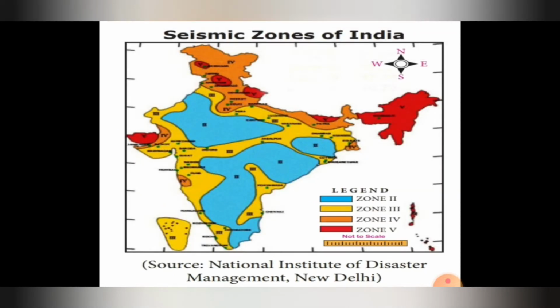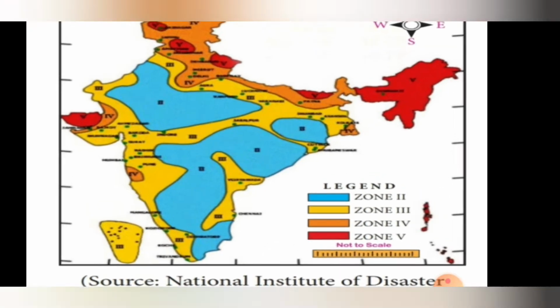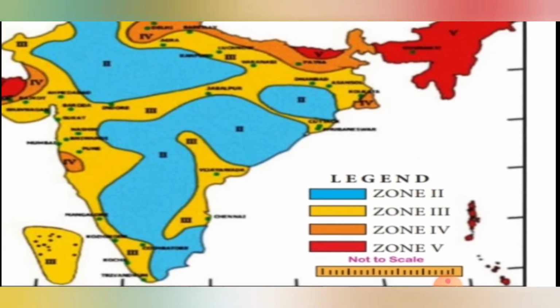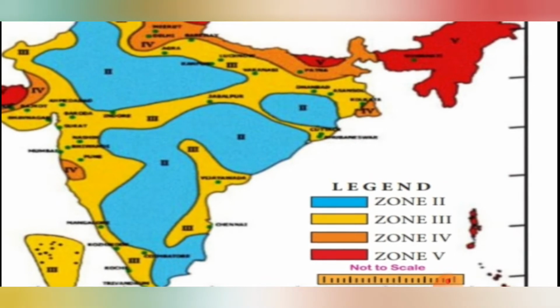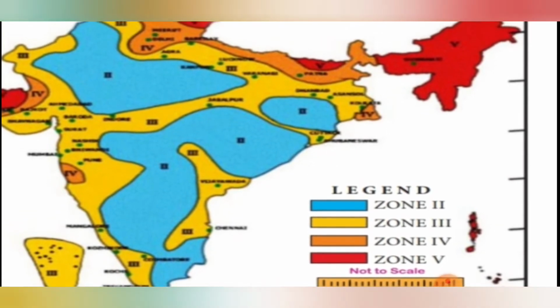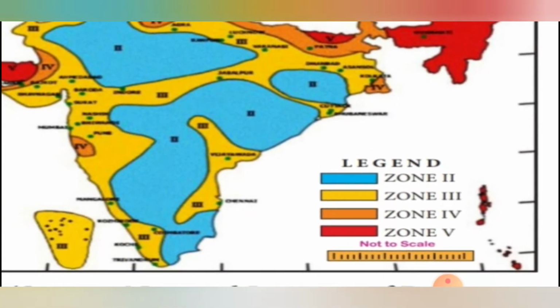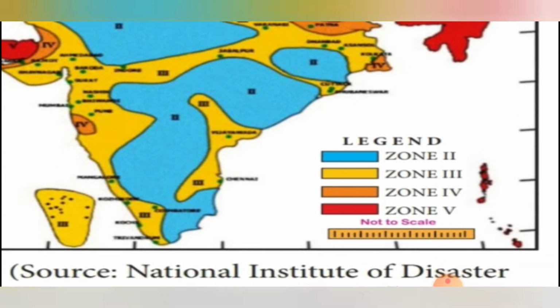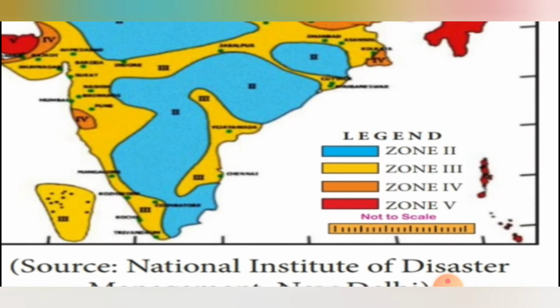So this is the map, seismic zones of India map. You could see this map on the same page number 124, from the National Institute of Disaster Management, New Delhi. Here you could see blue color is zone 2, yellow color is zone 3, orange color is zone 4 and red color is zone 5.